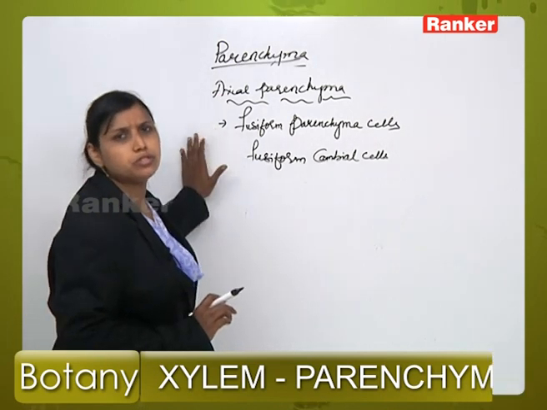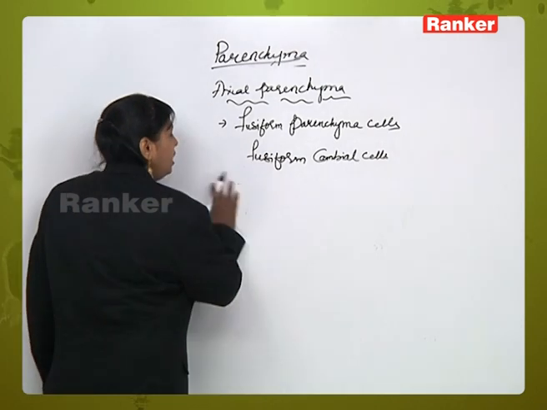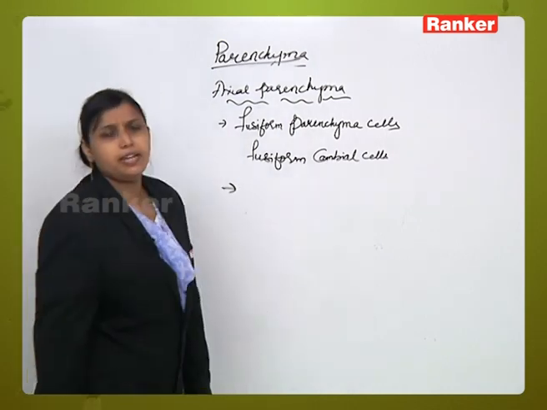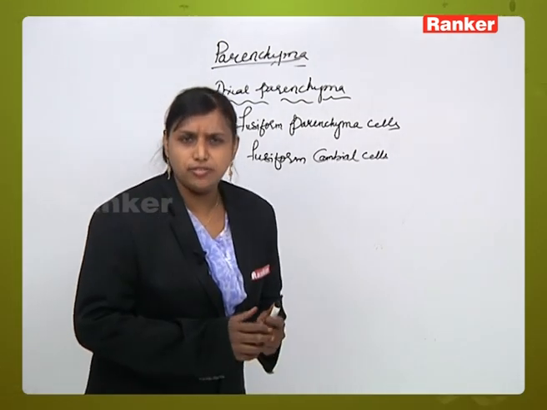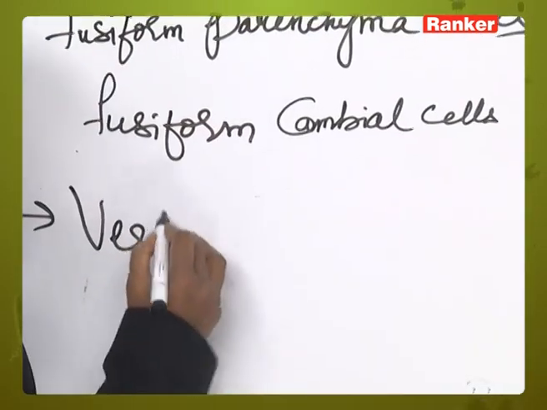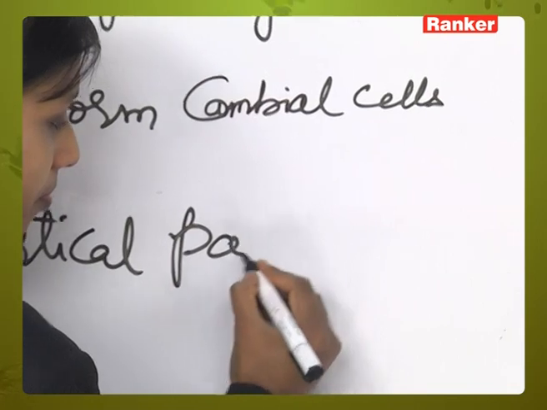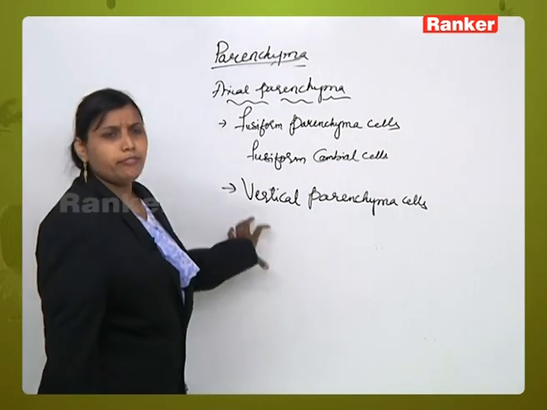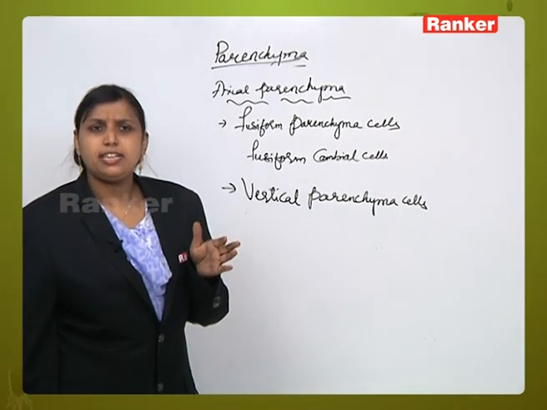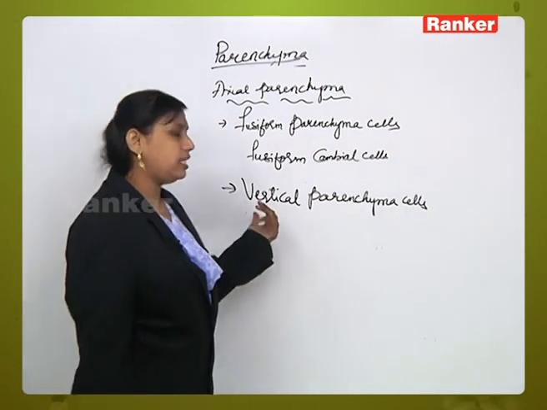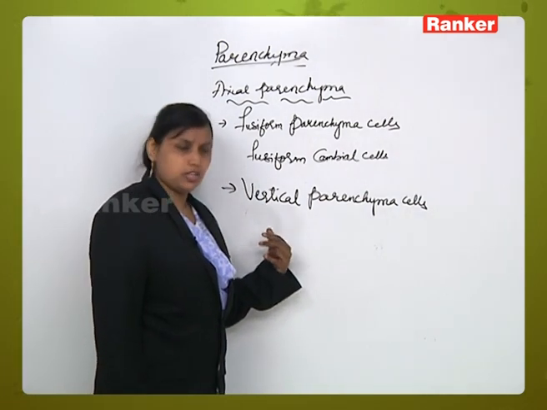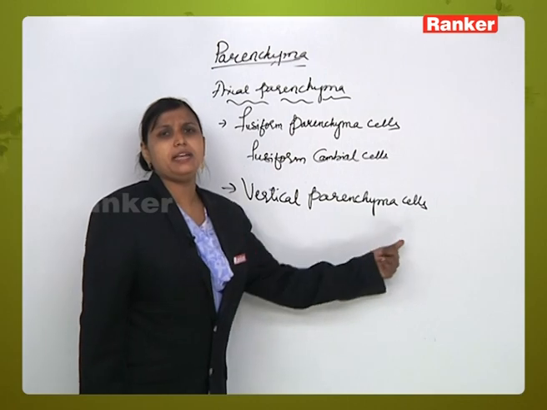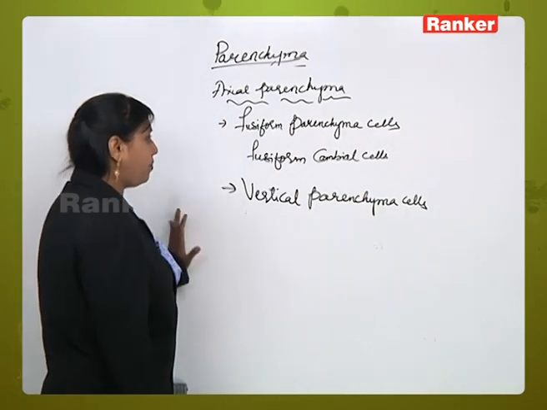Hence the name fusiform parenchyma cells. This type of axial parenchyma may also undergo a vertical division, and then these fusiform parenchyma cells can be termed vertical parenchyma cells. This is about axial parenchyma.